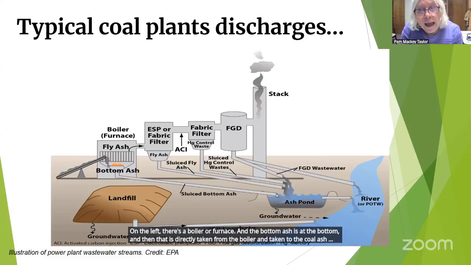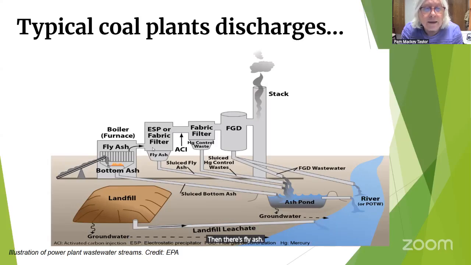Then there's fly ash that is extracted through a series of fabric filters. And the fabric filters can also pull out mercury. That's called Hg on this chart.